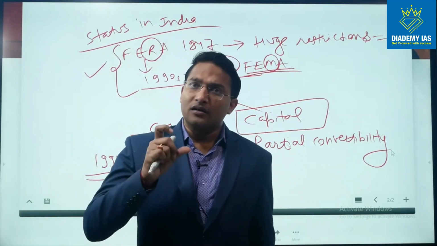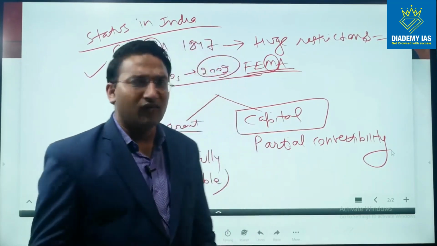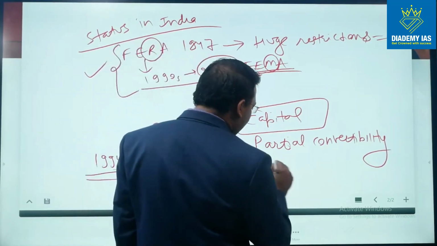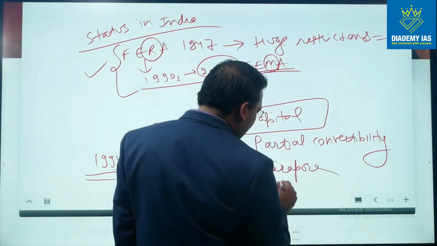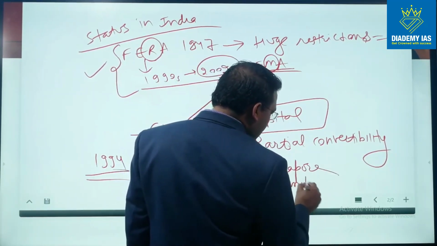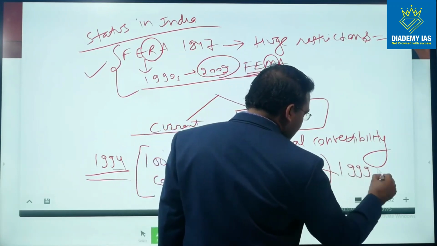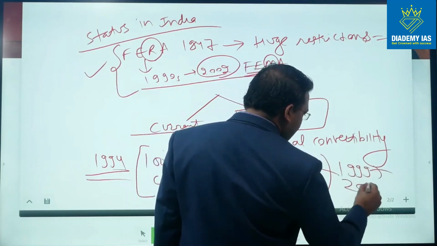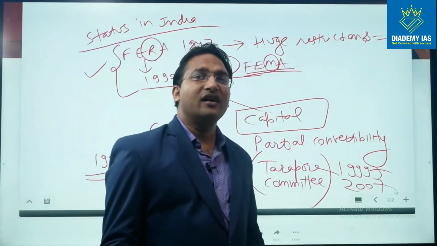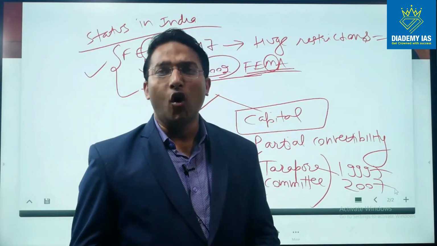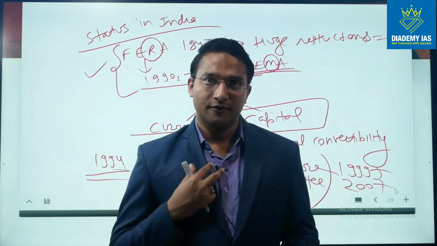And to make capital account convertibility 100% or fully convertible, Tarapore committee was established, and this Tarapore committee has given recommendations twice, in 1997 and in 2007. So in fact this committee was established twice, and it gave the recommendation that India should open up capital account in a phased manner.